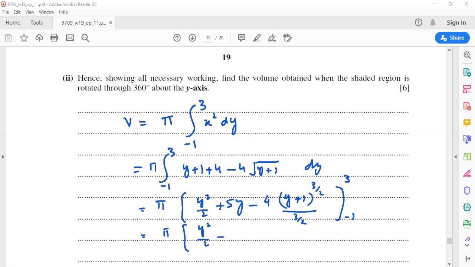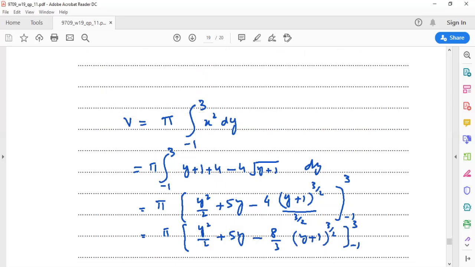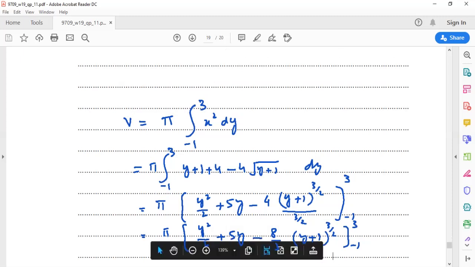Y squared by 2 plus 5y minus 8 by 3 times y plus 1 to the 3 over 2, from minus 1 to 3. So let's do a little bit more simplification here, which will help us by placing the value of 3 first over here.